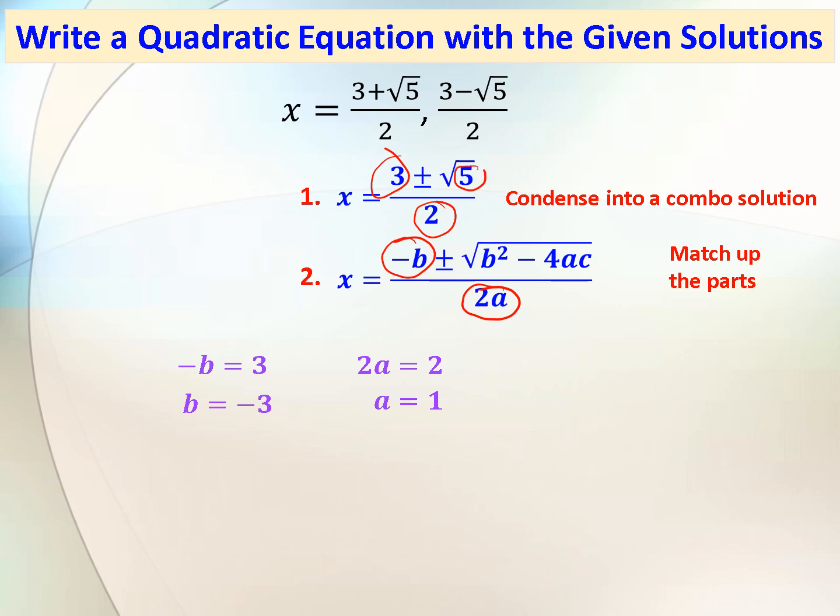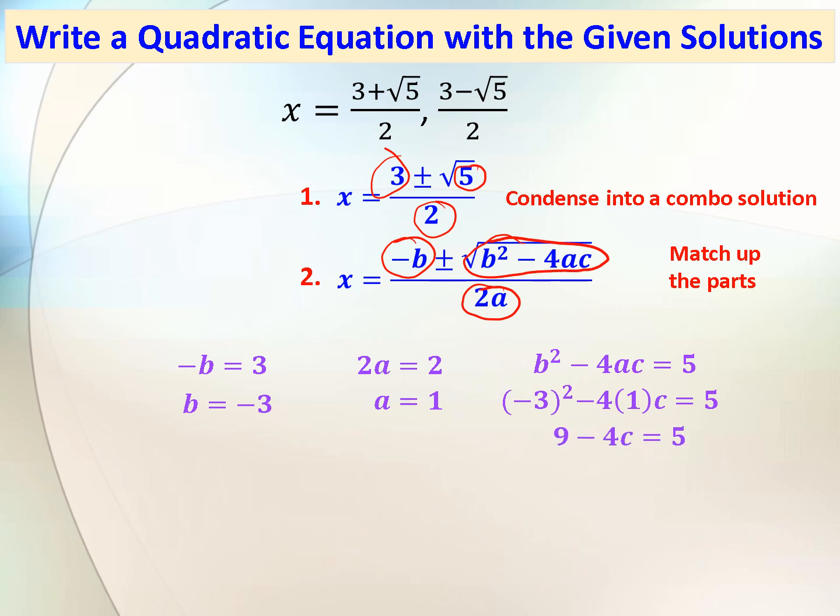And then lastly, I know that 5 is in the spot of b squared minus 4ac. So I say, okay, b squared minus 4ac is equal to 5. Well, I know b and a, so b is negative 3 and a is 1. So that gives me 9 minus 4c equals 5.